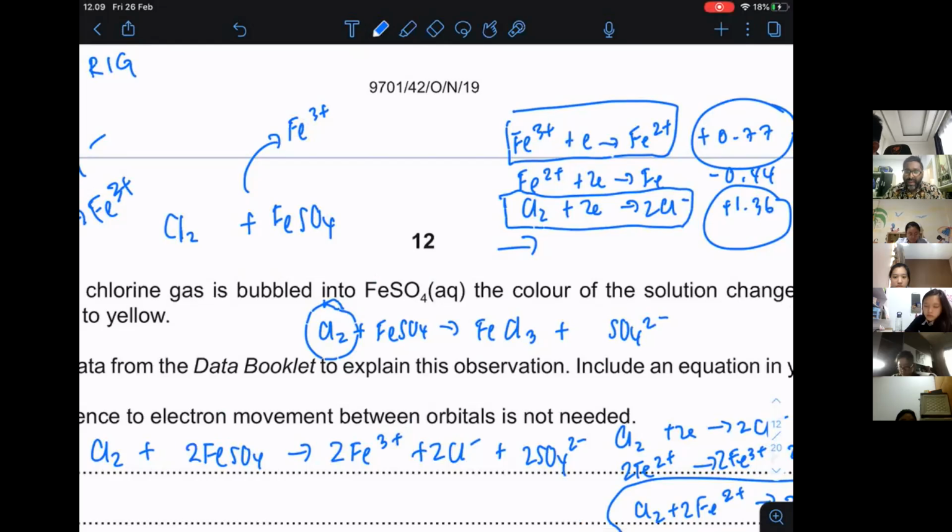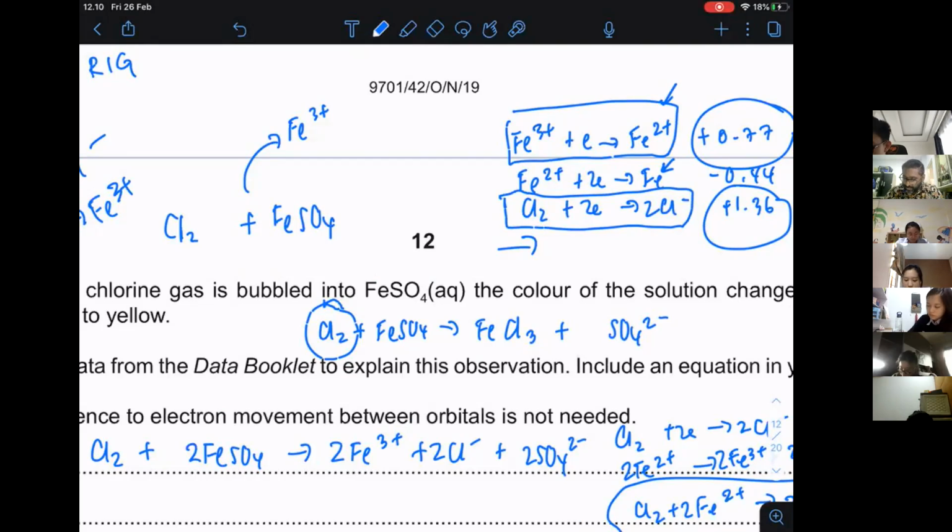If there is a reaction to become Cl minus, don't tell me that they are going to join with the solid. Impossible, right? Where would the Cl minus join with the solid? So it must be something that is having the Fe2 plus. That's another reason why I selected that equation.